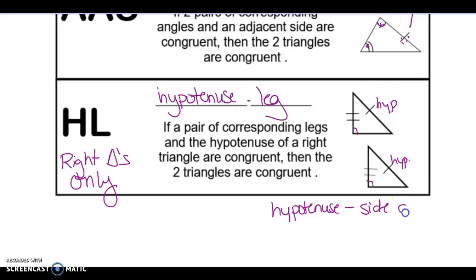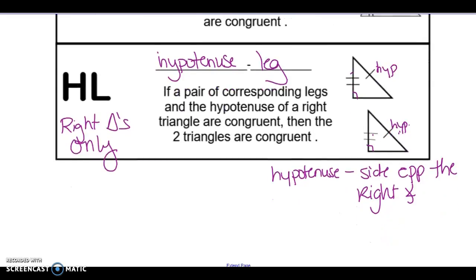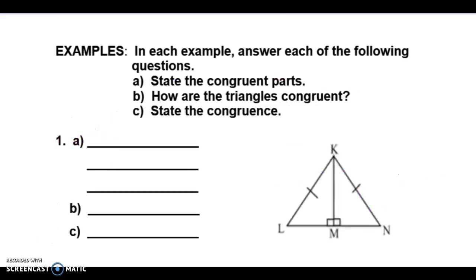Okay, your side opposite your right angle. Okay, so this says if a pair of corresponding legs, so these two are my corresponding legs, and the hypotenuse of the right triangles are congruent, then the two triangles are congruent as well. Okay, so those are the two new ones. We have angle, angle, side, and hypotenuse leg as our two new ones.